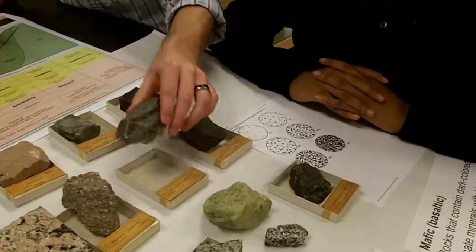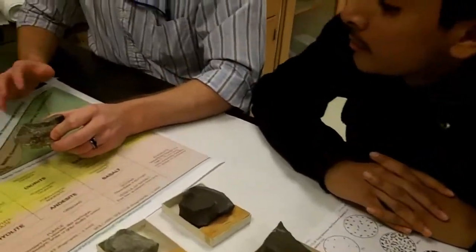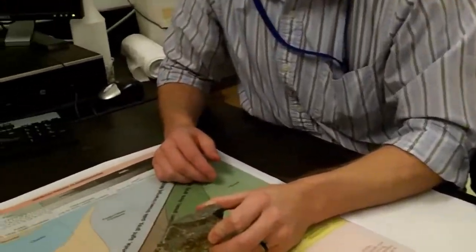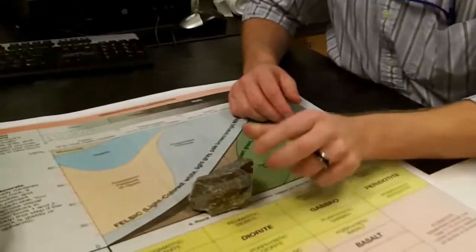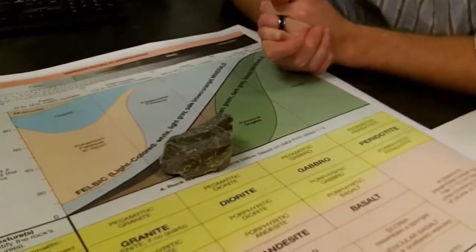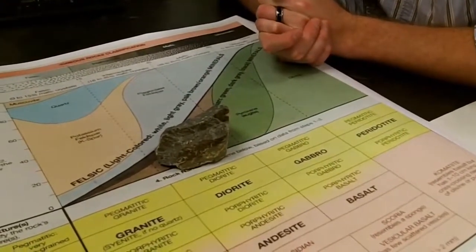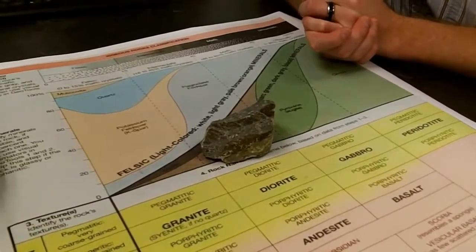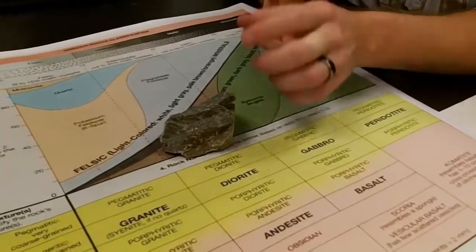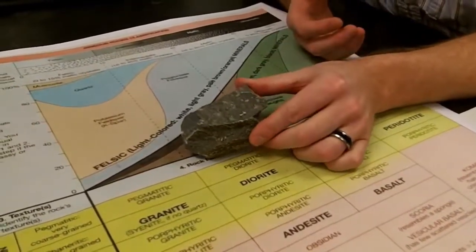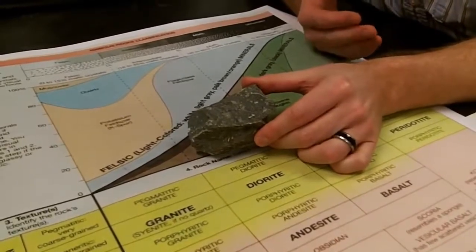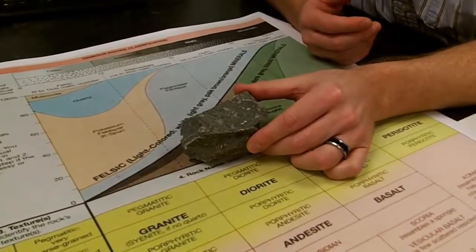Sure. Okay, so let's take a look at this one. Do you guys want to do composition first or texture first? Texture. Okay. So what type of texture do you guys see? A rough surface? Well, let's look at the size of the crystals. Do you see big crystals or small crystals or both? Both.